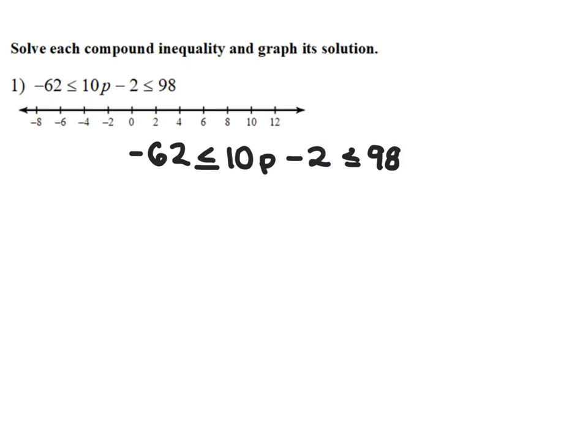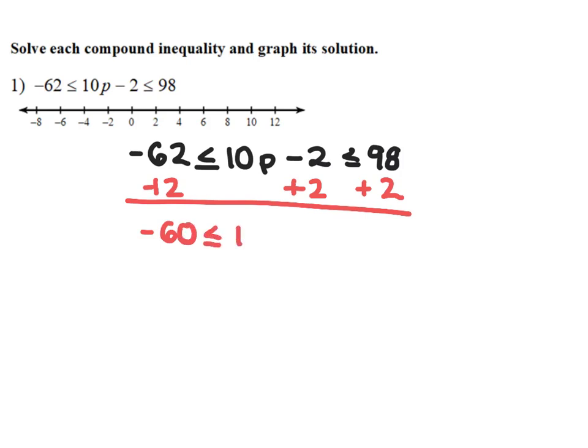In order to do that, you would add 2 to all three parts of the inequality. That would give us -60 is less than or equal to 10p is less than or equal to 100. And then to get rid of the 10 in front of the p, because it's multiplying, we would divide all three parts by 10.